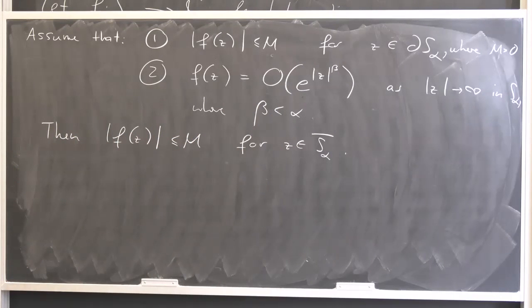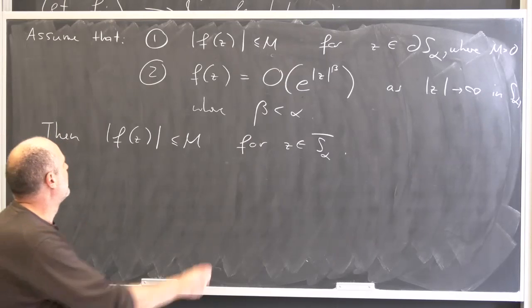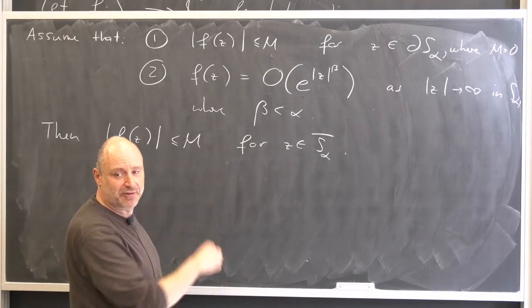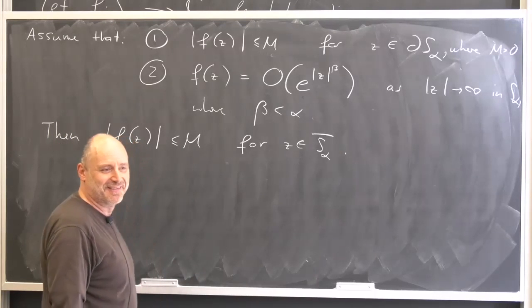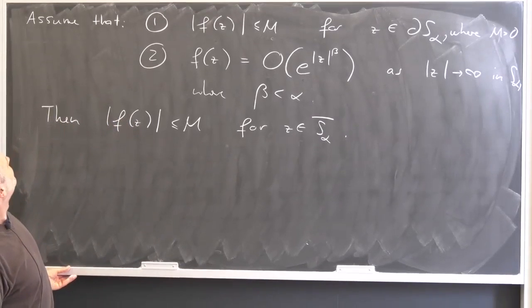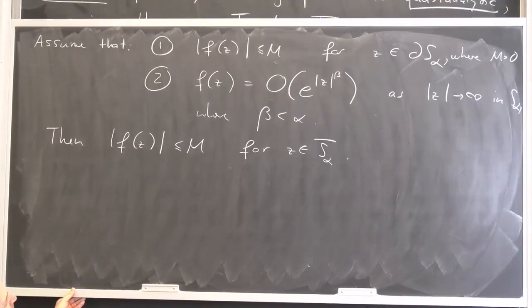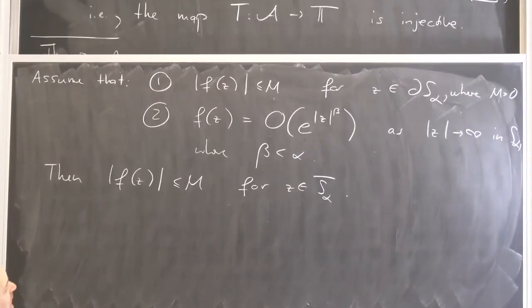With the maximum being taken on the boundary of S alpha. Modulus of f of z is below. Does that matter? Isn't that the definition of big O? I mean, if you say big O, you're talking about moduli, always. So you claim more than the statement says now. Yes, right.